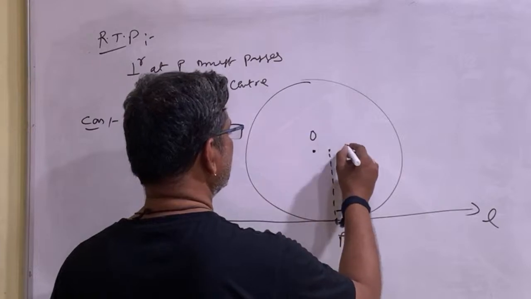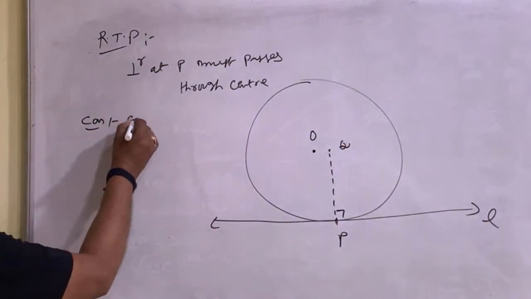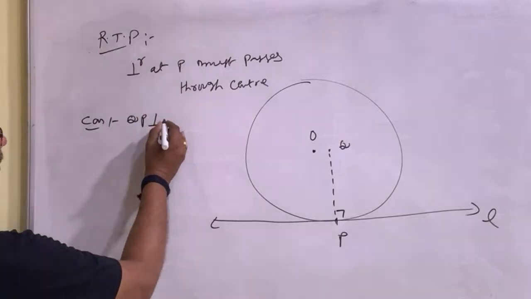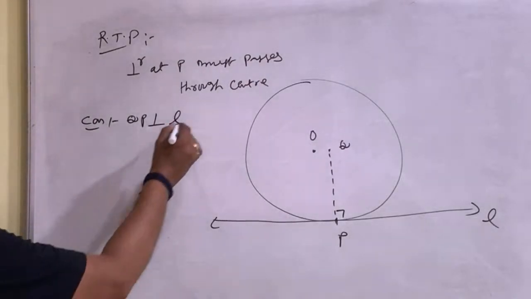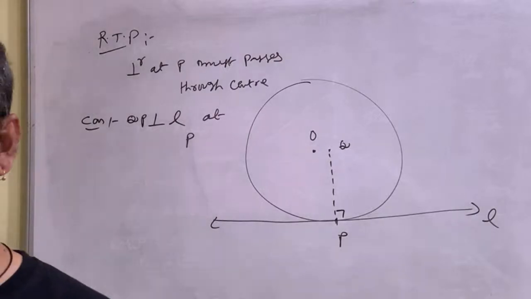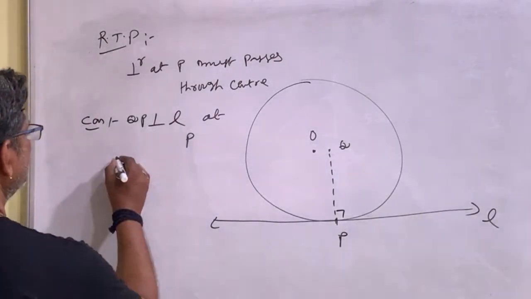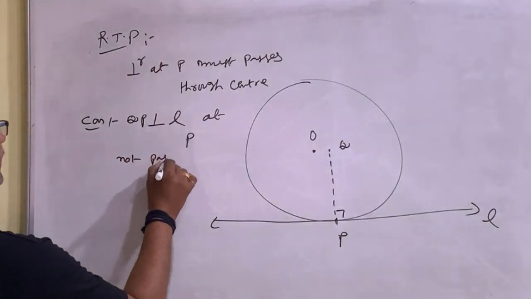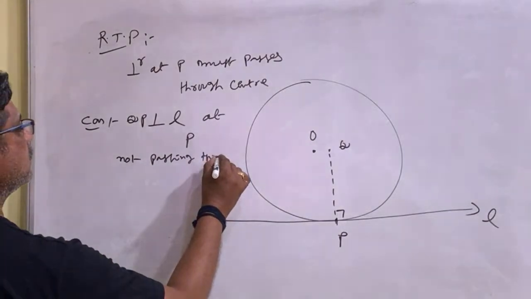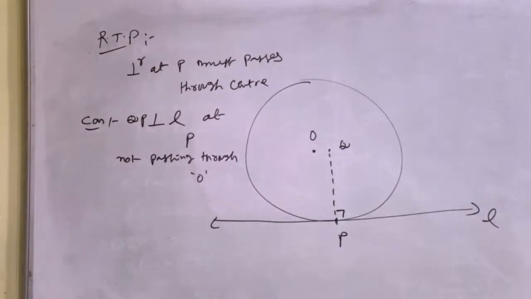This is the center and this is Q. QP is perpendicular to L at P but not passing through the center O. Okay?